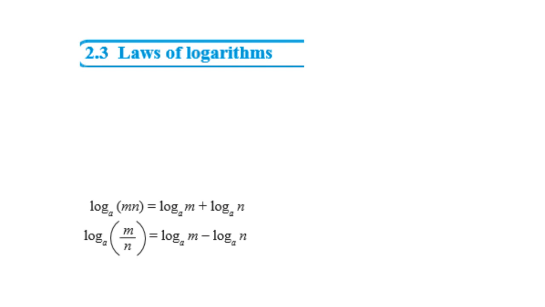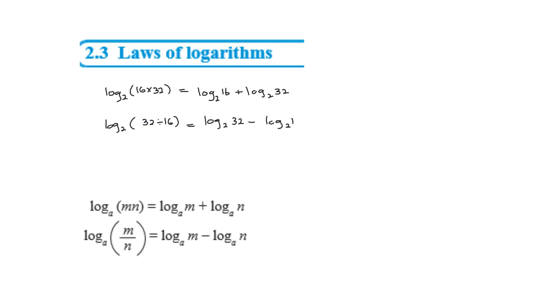You know, using logarithm laws, we can write log 2 of 16 into 32 is equal to log 2 of 16 plus log 2 of 32, and log 2 of 32 divided by 16 equals log 2 of 32 subtract log 2 of 16.